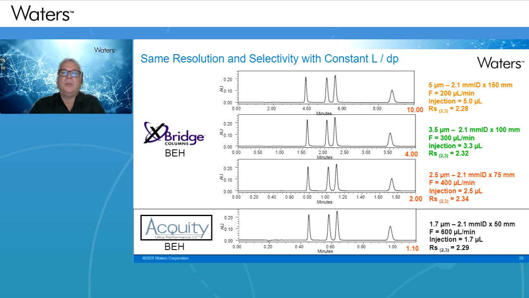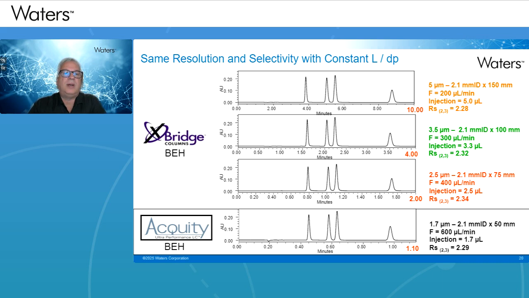Here we were able to do it in 10 minutes, here in 4 minutes, here in 2 minutes, and this one in 1.1 minutes. Again, everything is happening before almost 1 minute, and it's okay. It's the same as having something eluting at 4 minutes. Nobody was questioning if 4 minutes was good. Well, 0.45 or 0.5 is also as good. That's one thing that people sometimes forget.